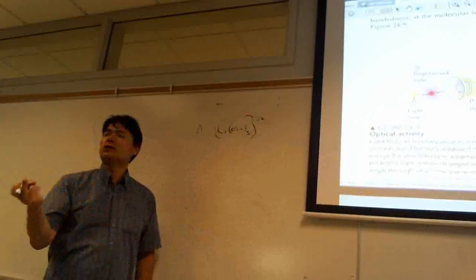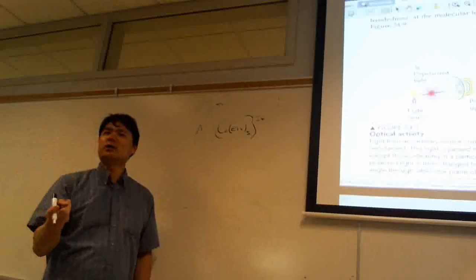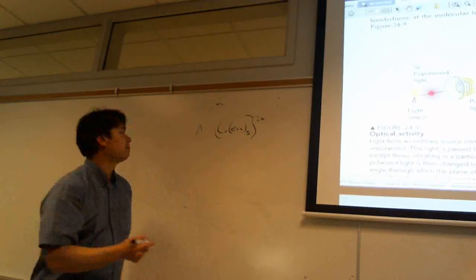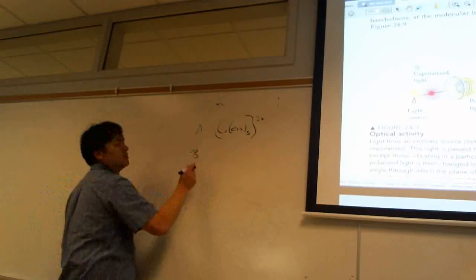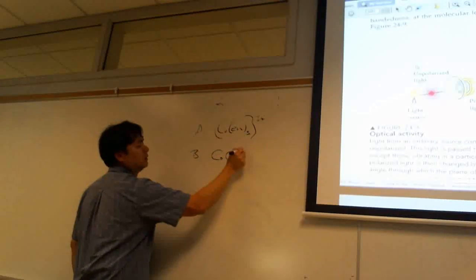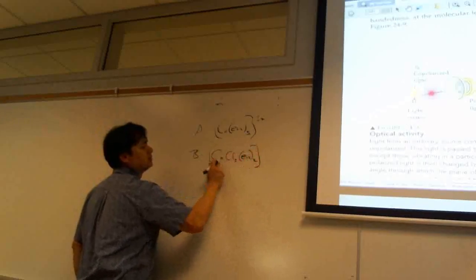This could be structural or stereoisomers. If it's stereoisomers, it could be geometric or optical, or enantiomers. And then do this one. It's going to be Co Cl2 en2. How would we name this?